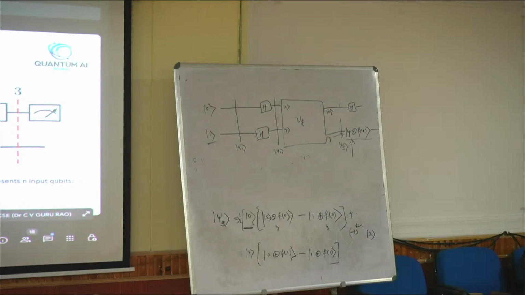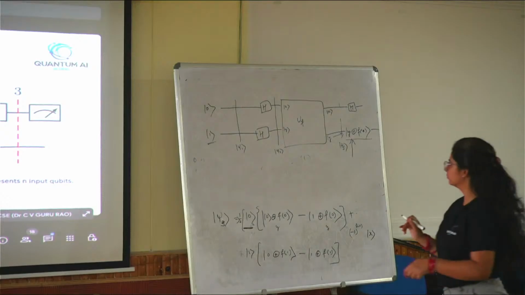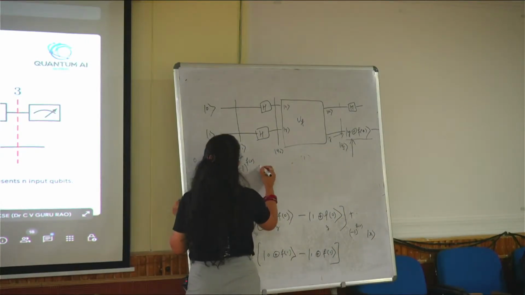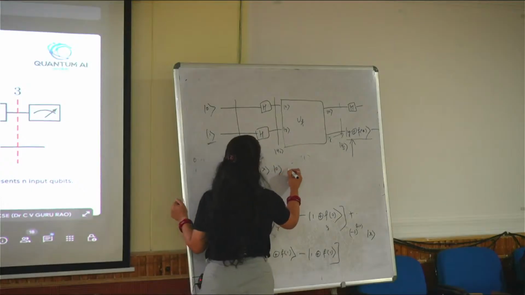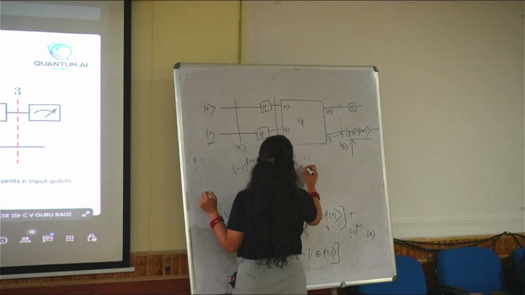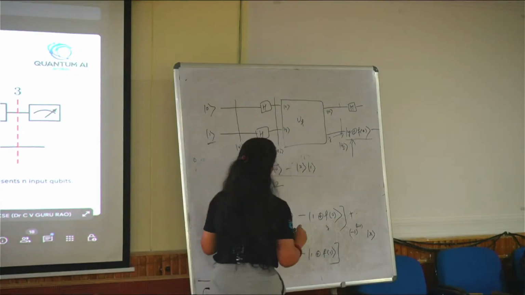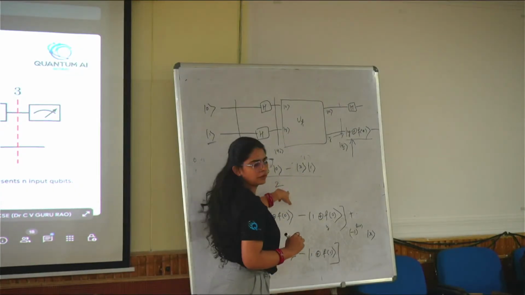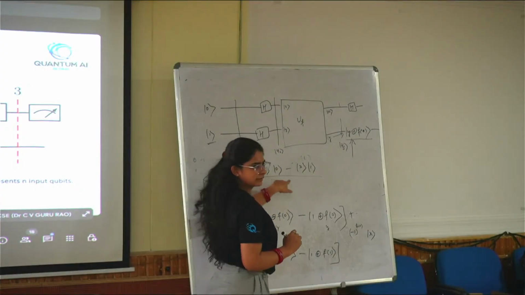So what I can write over here is, I have kept this 0 minus 1 as it is, otherwise I have written x here.